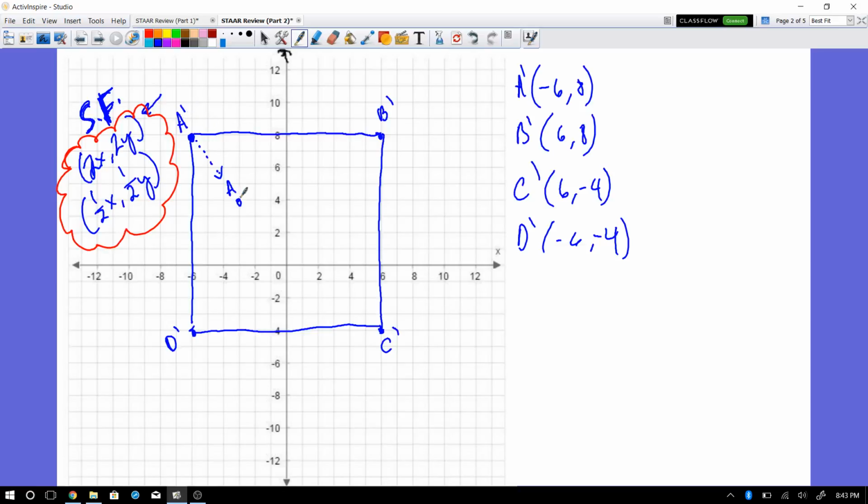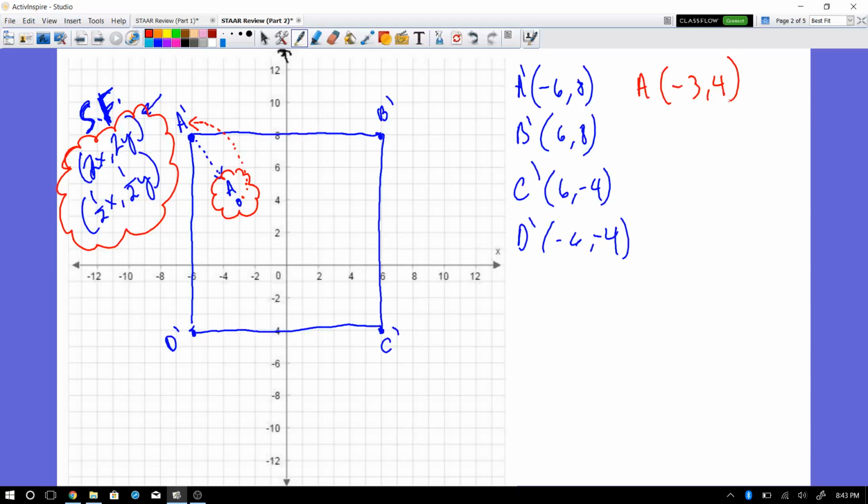So that means we went from A, all right, try and keep up with me here. We went from A to A prime. That means it got bigger. We multiplied A by something larger than 1. You have no idea what it was. But you do know the location of A. A is currently at -3, +4.